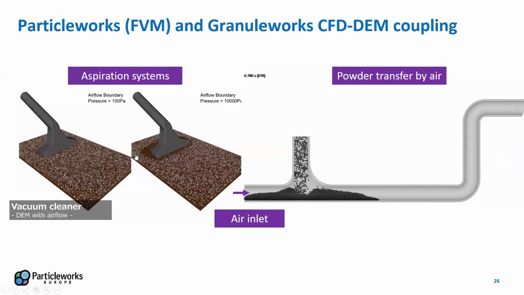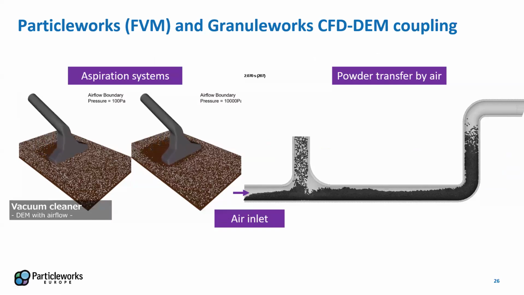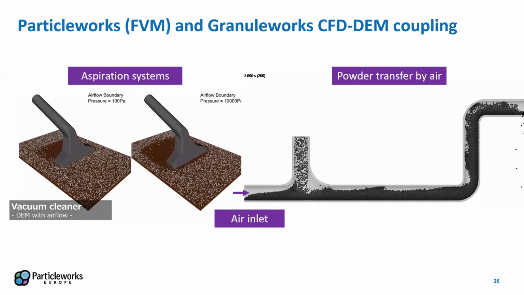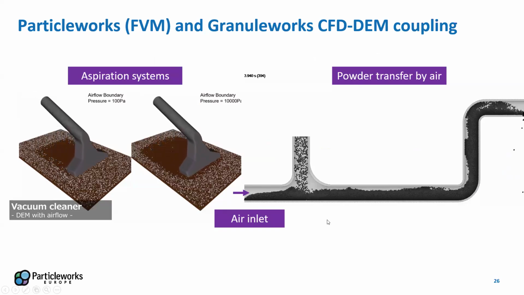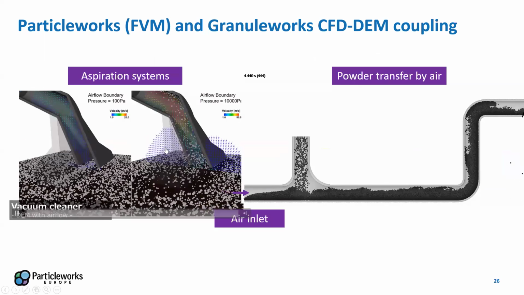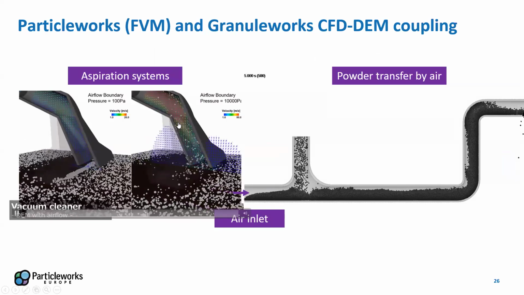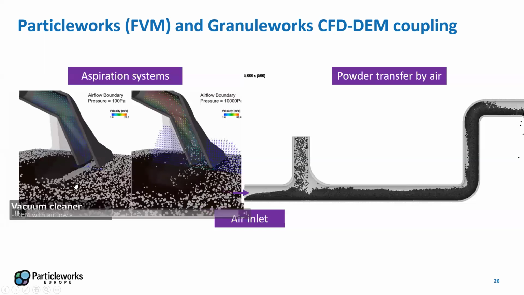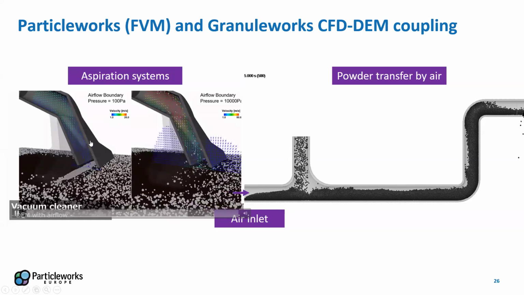The coupling with the air solver comes in handy also for respiration systems or transport of powder by air and pneumatic transport. You can see here on the left we have an aspiration system, and depending on the boundary condition, like the pressure applied, we can have better or worse aspiration.